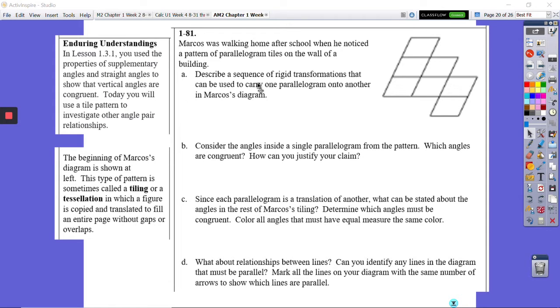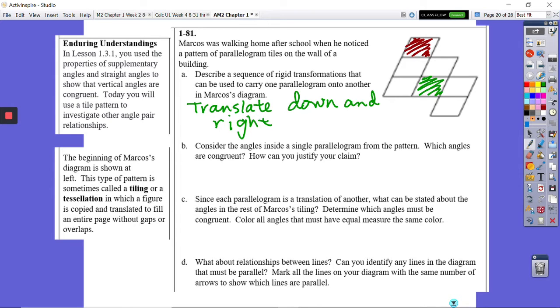So what we're trying to do is find a rigid transformation that can carry one parallelogram to another. If we take a look at this parallelogram here, how could we move it so it was now here? What we could do is translate down and right.